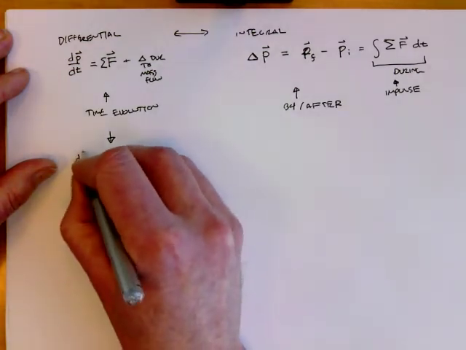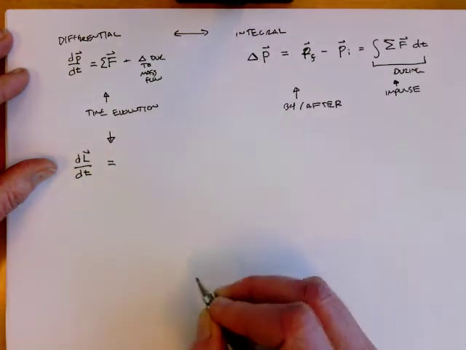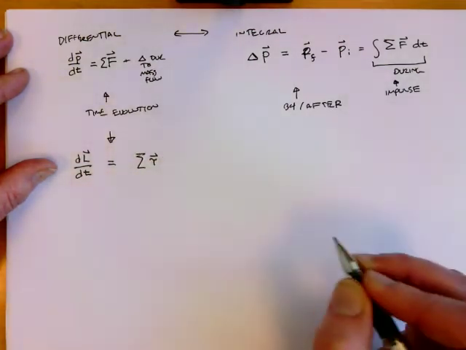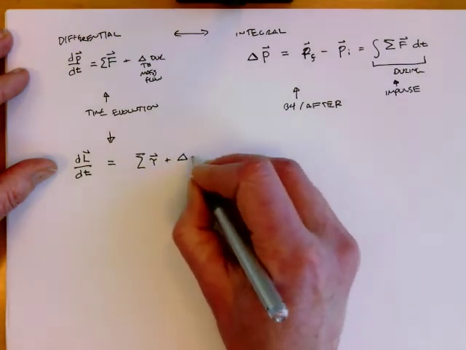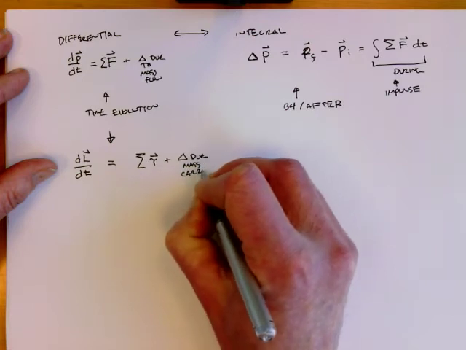That is to say, we can write a differential form of angular momentum conservation. The time rate of change of angular momentum is the sum of the torques acting on the system, and you could actually have an additional term that would be the change due to masses that carry angular momentum.